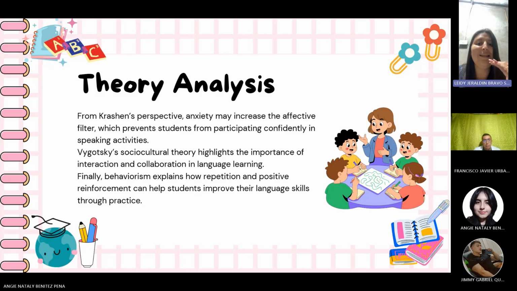When students interact with others, they have more opportunities to receive feedback and develop their communication skills. If students feel anxious or insecure, they may avoid interaction, which limits their learning opportunities.